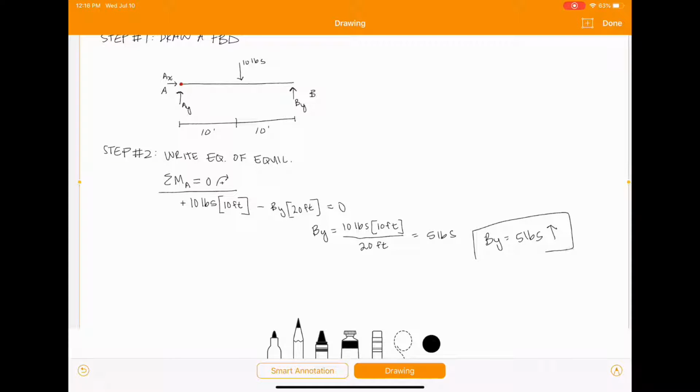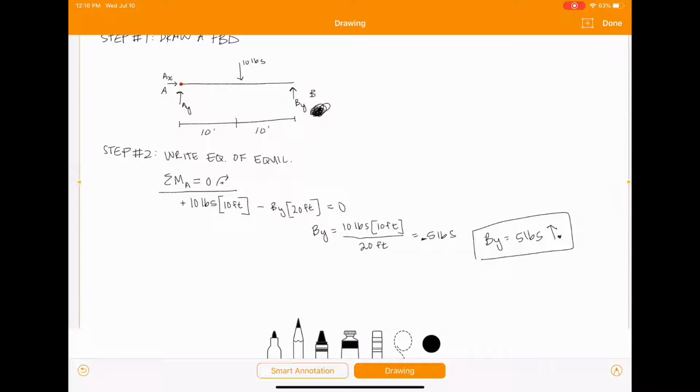Now, again, the reason that it's up is because we drew it as going up right here. When we drew this, we just arbitrarily put directions in. Now, if this would have come out as negative down here, then what we assumed up here would have been wrong, and this would be going down right here.